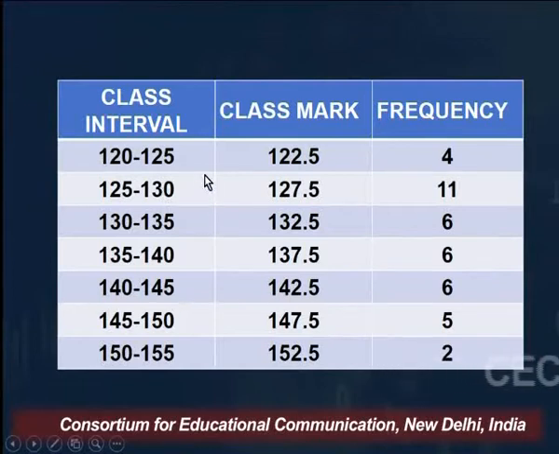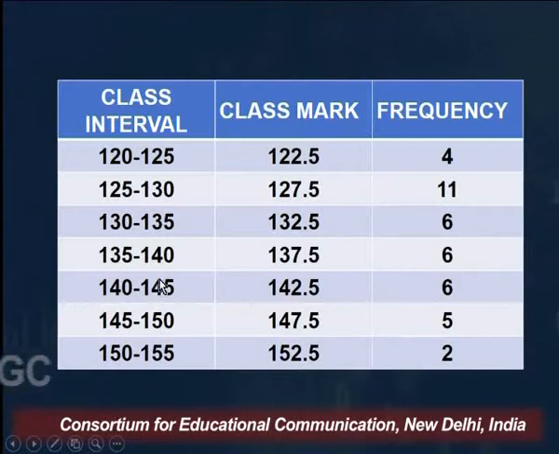Whenever in future I am going to find mean, median, mode, or any skewness, kurtosis, I am going to just look at the values of class marks, which I will represent by small x_i, and the values of frequency, which I am representing by small f_i. Here i equal to 1 means the first class interval, i equal to 2 means the second class interval, and similarly there are 7 class intervals, so i is going from 1 to 7.